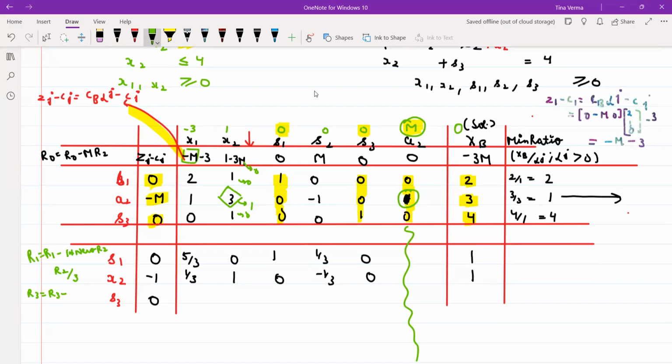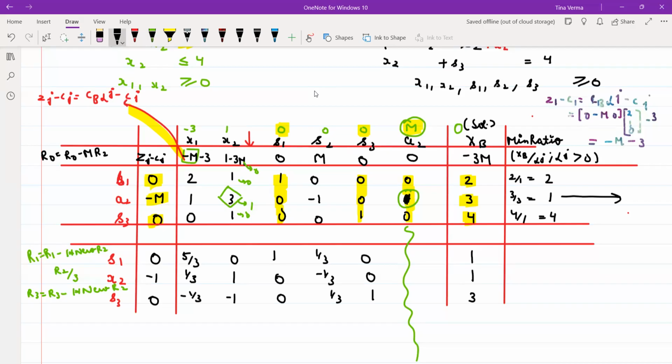That R3 will be R3 minus 1 times your new R2, right? So this entry is already 1, 0, so when you subtract, this is -1 by 3, this is -1, 0, 1 by 3, and this is 1. And here you will get the answer as 3.